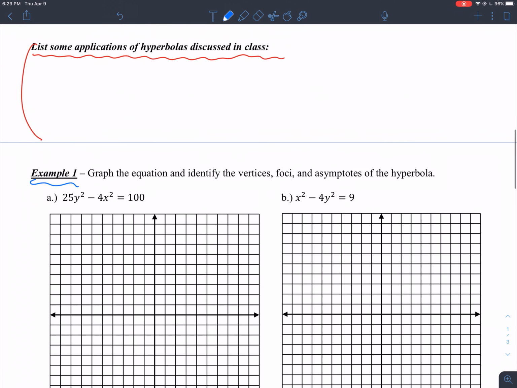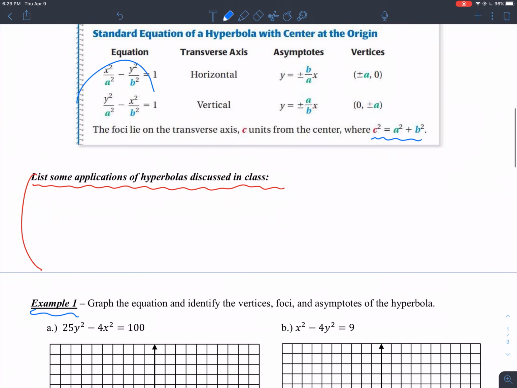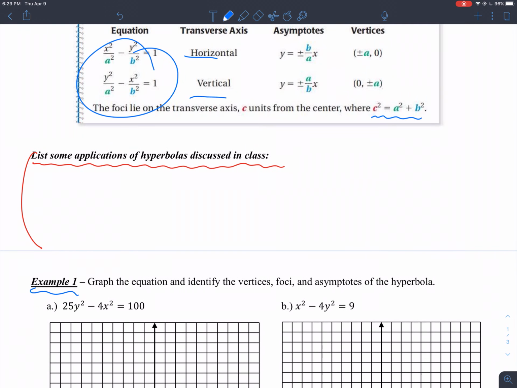So notice we were just talking about the formula, and here's the formula of the two different types of hyperbola, horizontal and vertical. And then you look here and you go, wait, neither of these look like that. What's the deal? Yes, you have to make them look like that. Now, there's a bit of a weirdness here. I'm going to do letter B with you completely, but let's look at letter A. This is much like one of the ellipse examples we did.